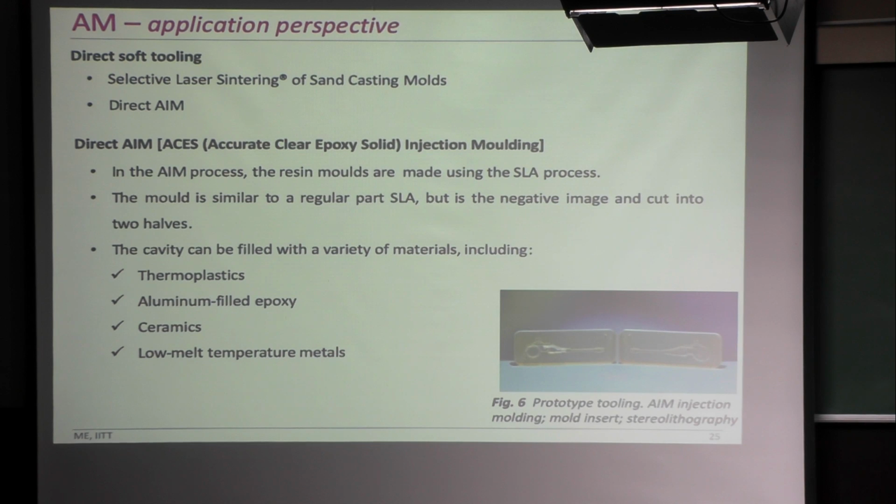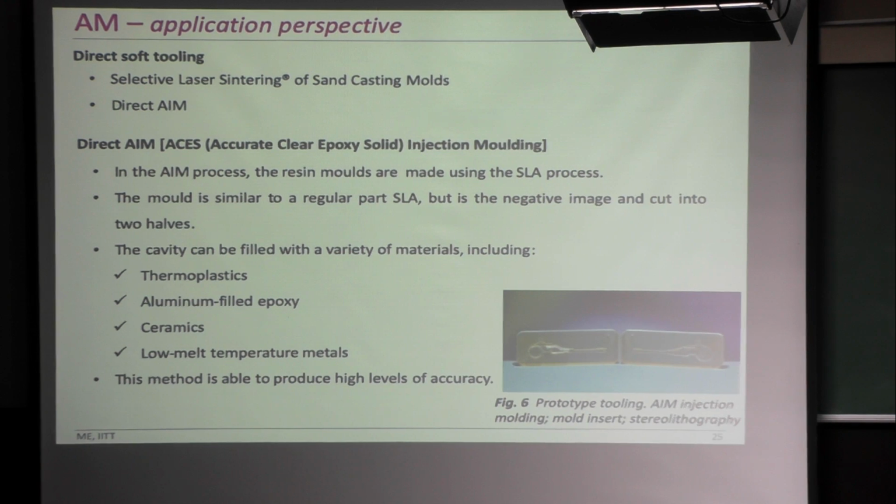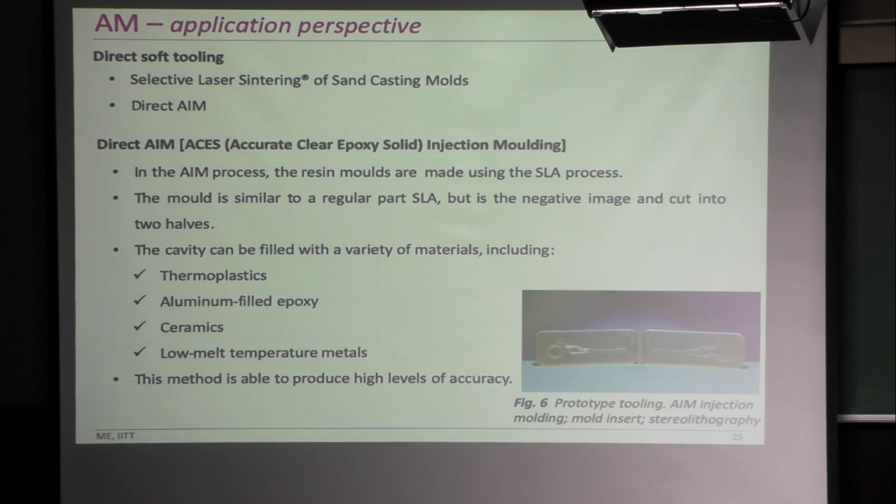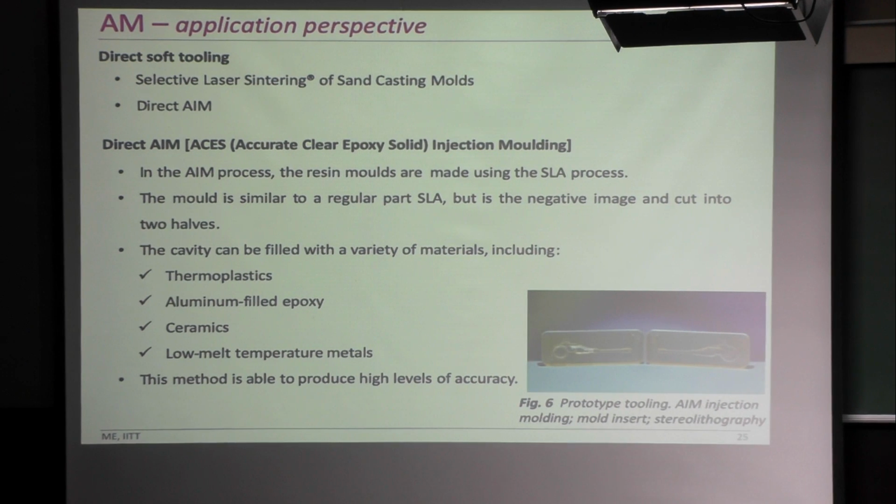You can fill this cavity with various materials like thermoplastics, aluminum filled epoxy, ceramics, and low melt temperature metals. However, we can use it only for limited numbers. We can't use it for batch production or mass production. And here the accuracy levels are very good.